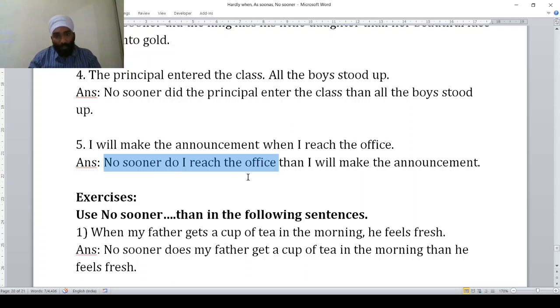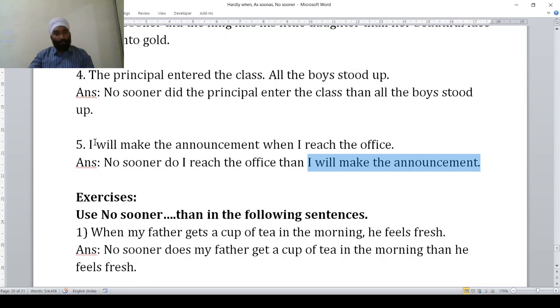So we have used do here. After this clause, we have used than to join the second clause, and the main clause as it is: I will make the announcement. It was the main clause here, and in this sentence both the clauses stand in equal rank because this sentence of no sooner is a compound sentence.